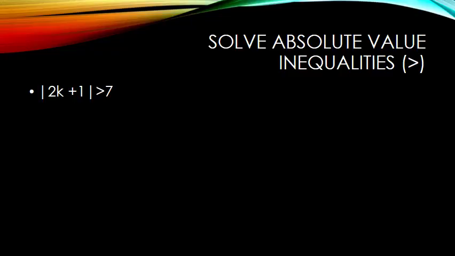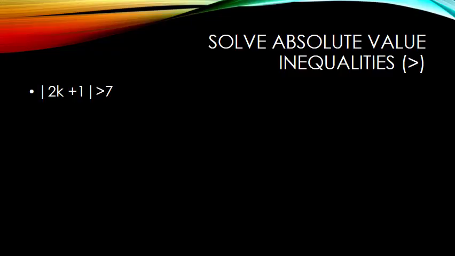And so it's going to function like an or statement. We're still going to set up two cases, but now we're looking at the union, not just the intersection. When we're doing less than, we're looking at the intersection of our solution set. And when we're looking at greater than, we're looking at the union.